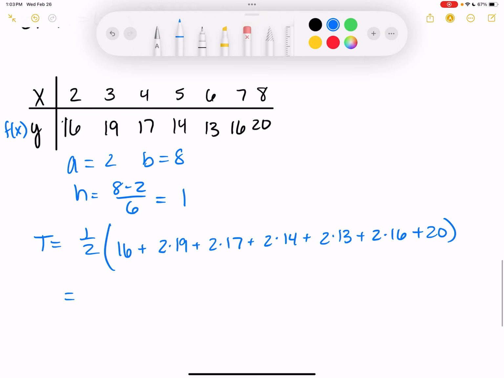So I've got 1/2 times 16 plus 38 plus 34 plus 28 plus... Where's the 1/2 come from? Because it's h over 2. Okay, so 1 over 2, plus 32 plus 20.